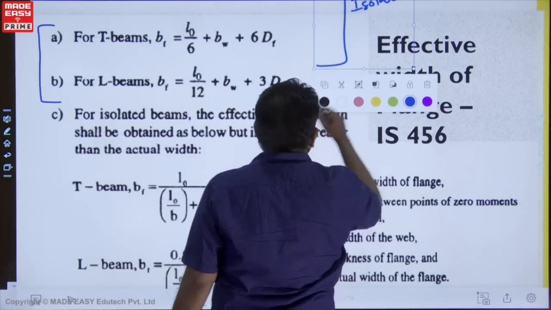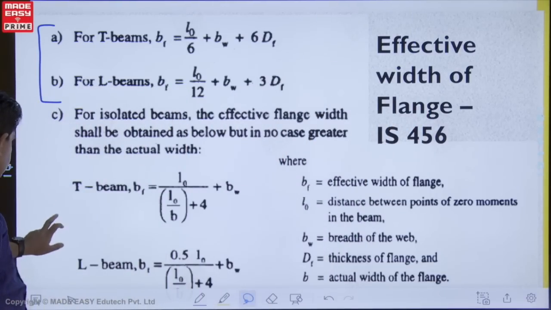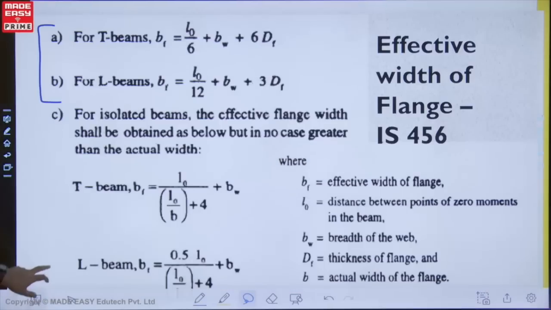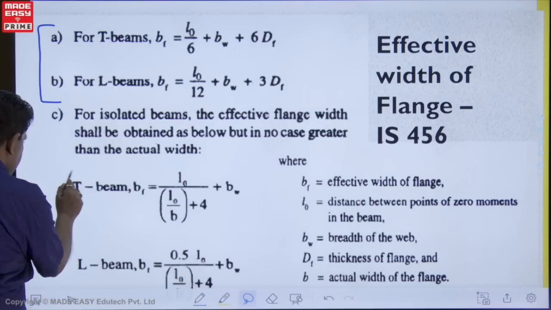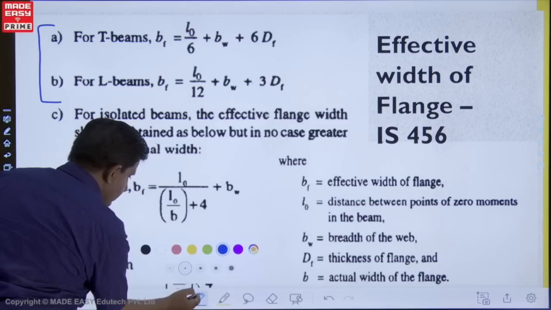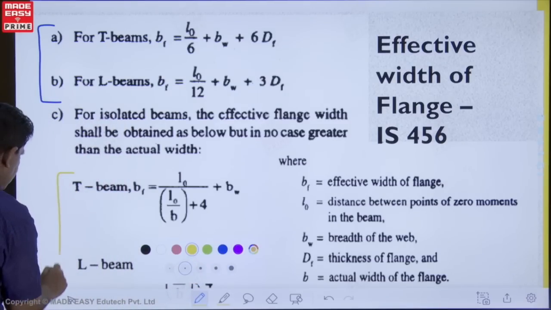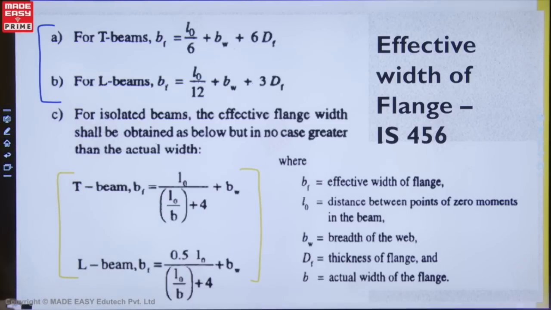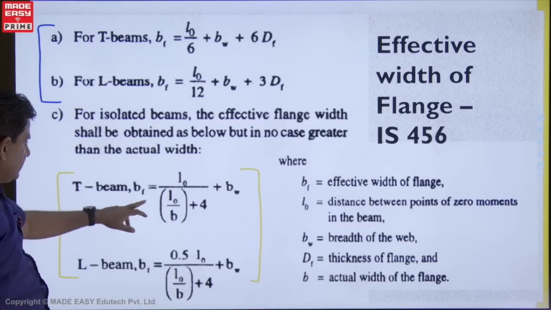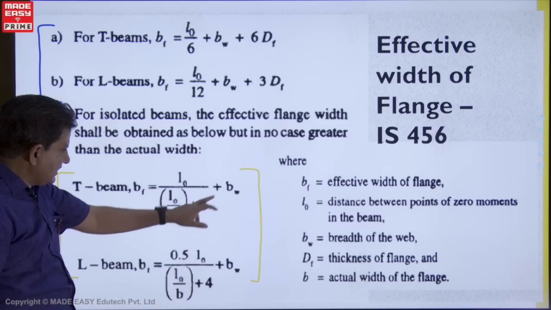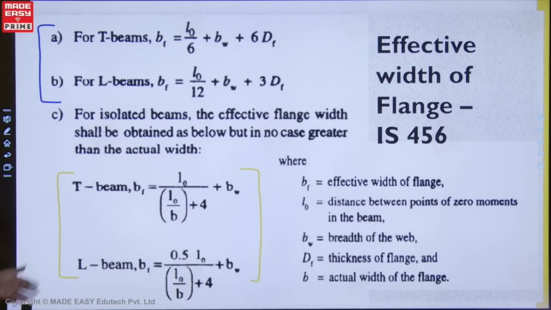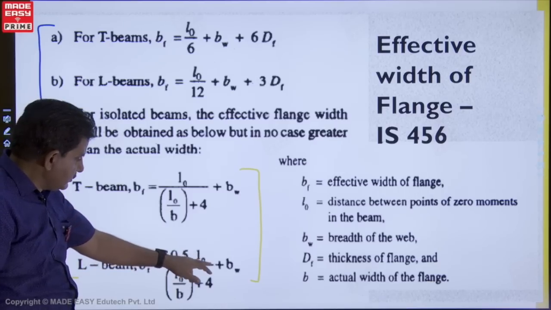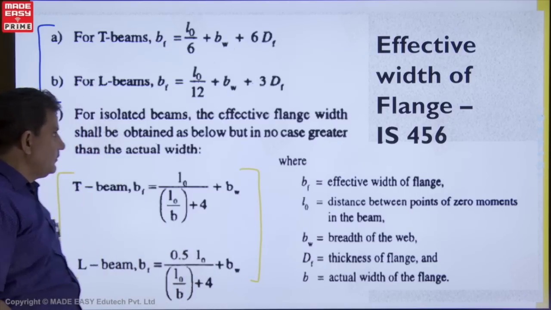For isolated T-beam, the formula is L0 by B plus 4 plus BW. I will write it separately. And for L-beam, it is 0.5 L0 divided by L0 by B plus 4 plus BW. Let me explain in the figure itself how we consider different values.